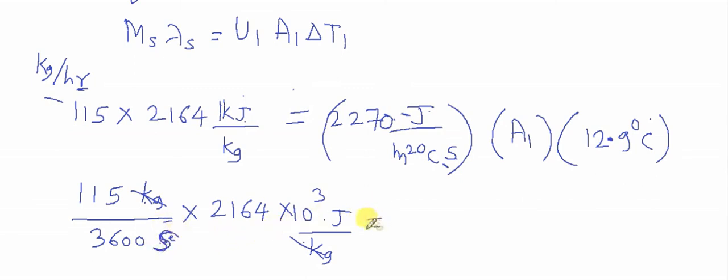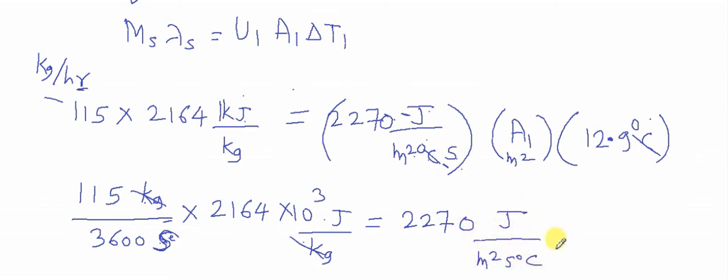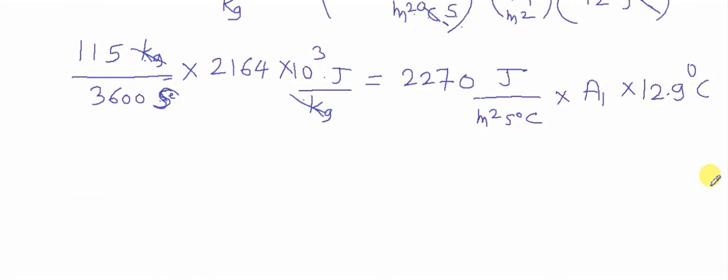Here degree Celsius gets cancelled, area in meter square gets cancelled, and you get joule per second. You will get here 2270 joule per meter square per second per degree Celsius into area into 12.9 degrees Celsius. So we will solve this now.